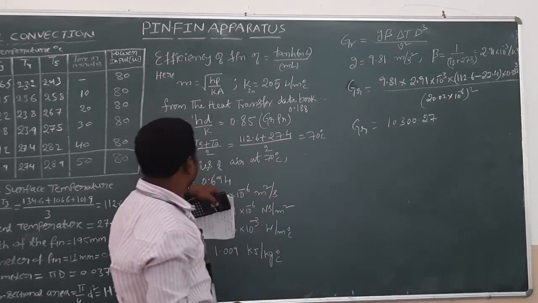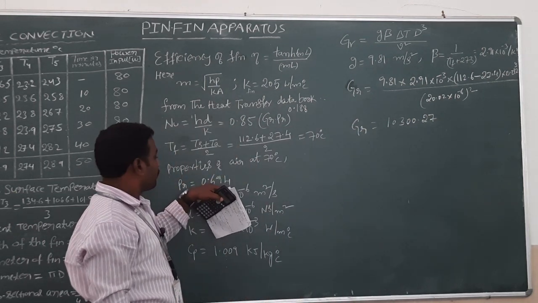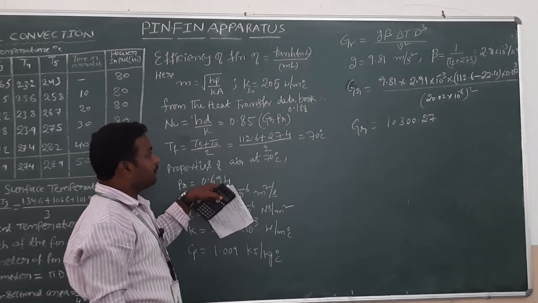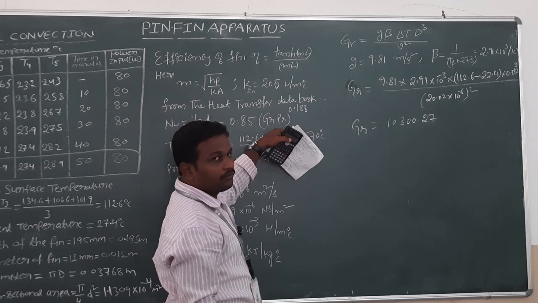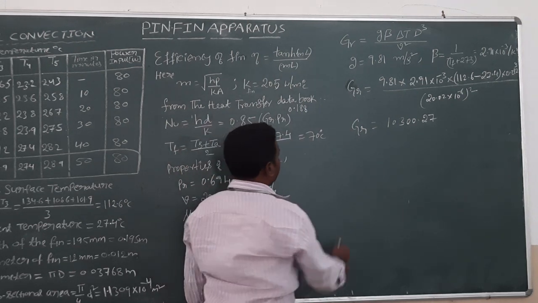Prandtl number is already taken from the properties table in the heat transfer data book. Substitute the Prandtl number and Grashof number in this equation, and we will get the heat transfer coefficient value.